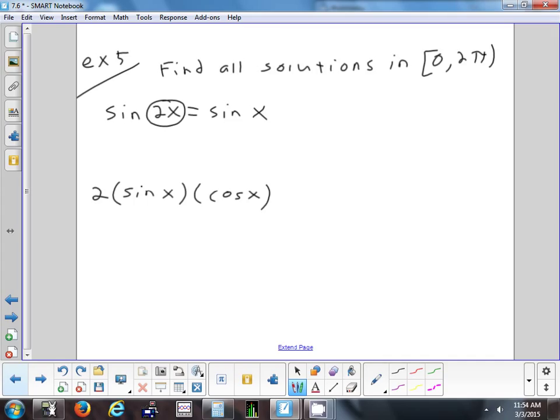At the same time, I'm going to bring sine to the other side. Subtract it. Now it's equal to 0. Anybody recognize what we can do now? Well, Augustine?